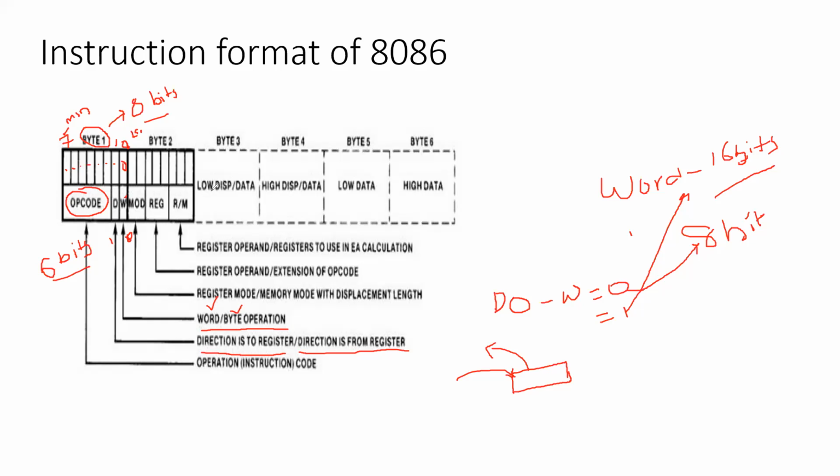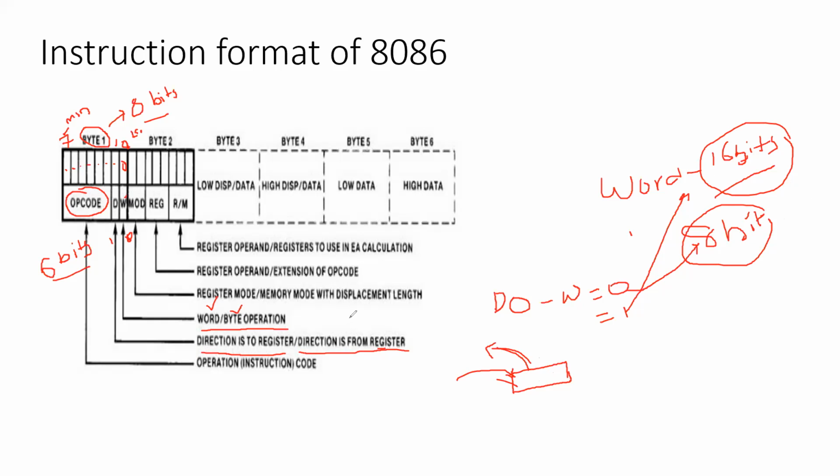The first bit will specify the size of the data, whether it is 16-bit or 8-bit data. After specifying the size, we understand whether that data is transferred into the register or from the register. That is indicated by this particular bit.